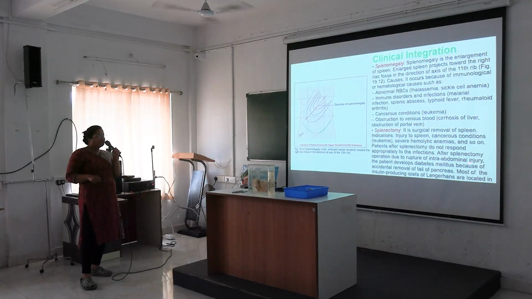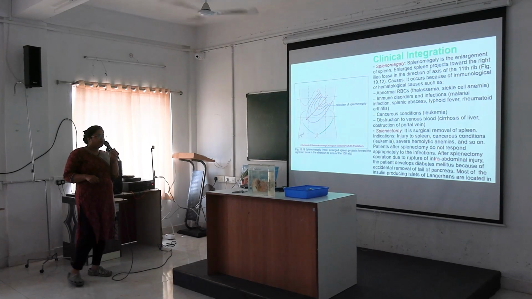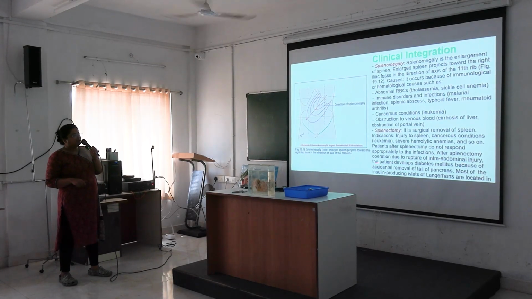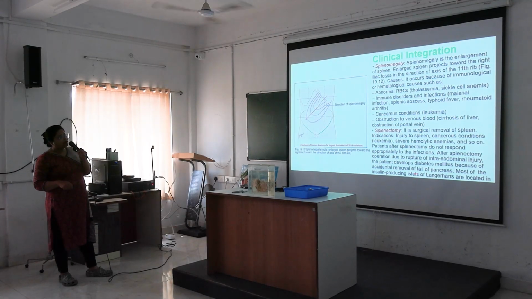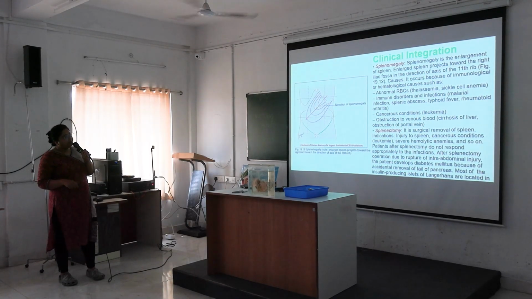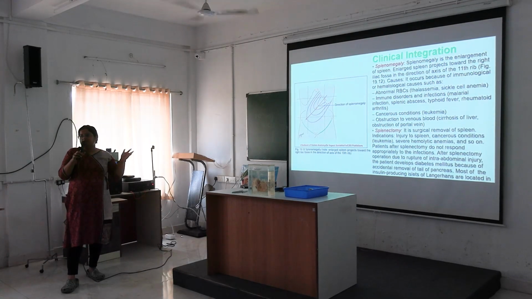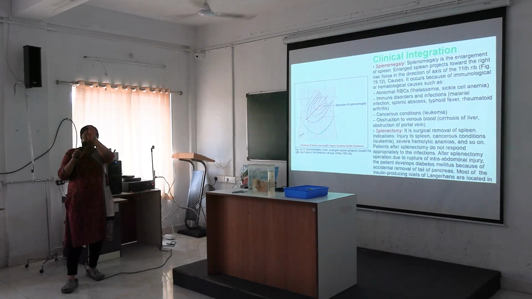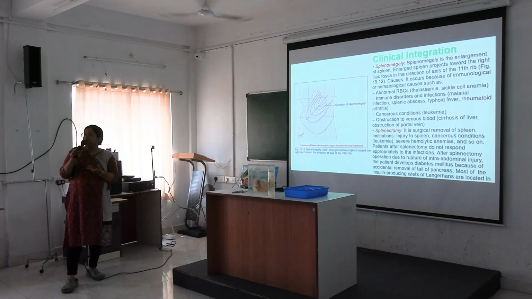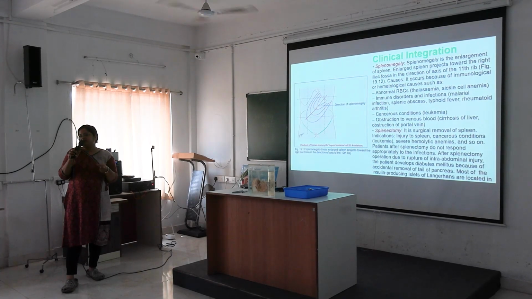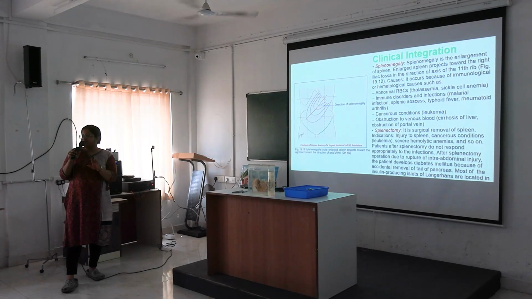So, after splenectomy, done due to rupture from intra-abdominal injury, the patient may develop diabetes mellitus because of accidental removal of the tail of the pancreas. This comes in your 'explain why' questions. Why after splenectomy does the patient develop diabetes mellitus? Because sometimes during splenectomy, the tail of the pancreas is removed, and the tail of the pancreas contains the maximum number of islets of Langerhans.